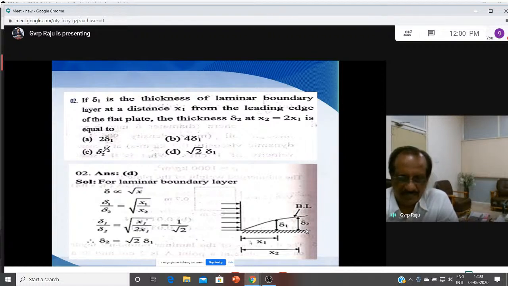So this distance is definitely the laminar boundary layer zone, so that's why delta is proportional to square root of x. Delta 1 by delta 2 is the square root of x1 by x2. So he has given the relation x2 is 2x1, so I can substitute the value of x2 as 2x1, so this is equal to 1 by root 2. In other words, delta 2 is equal to root 2 times delta 1, so the answer is D. Simple problem, only understanding here.